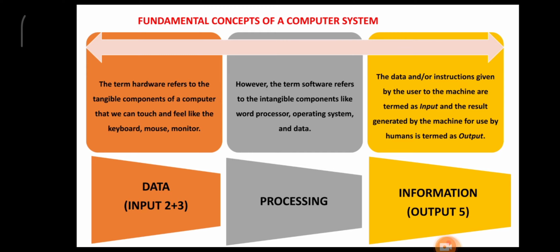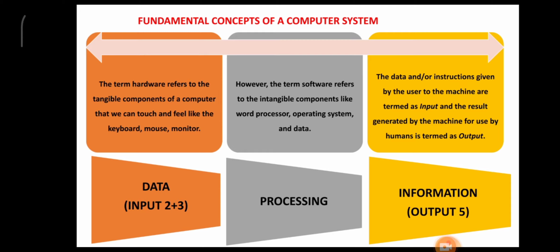However, the term software refers to the intangible components like word processor, operating system and data. After rebooting your system, you have your desktop, and after that you open a program, Word document, PowerPoint presentation, Excel document. All these things you cannot touch and feel, but you can store the information.